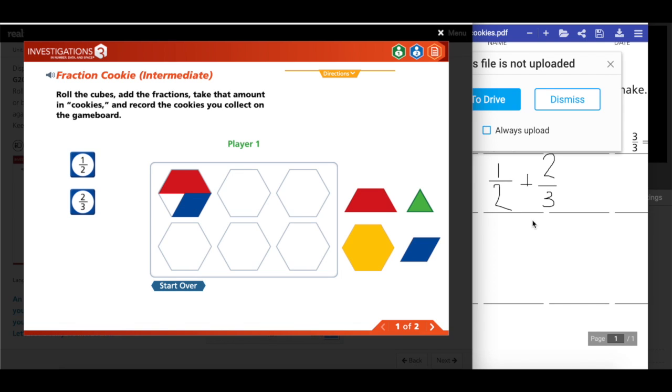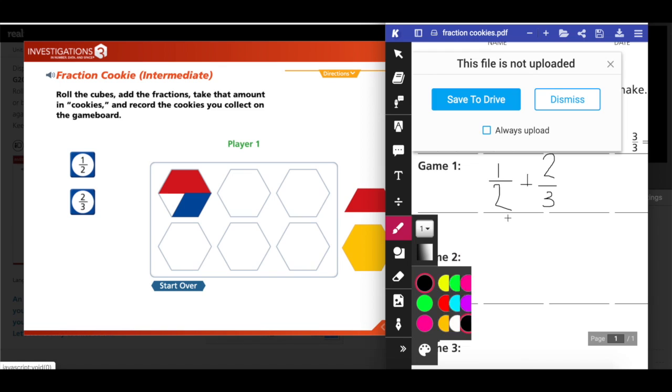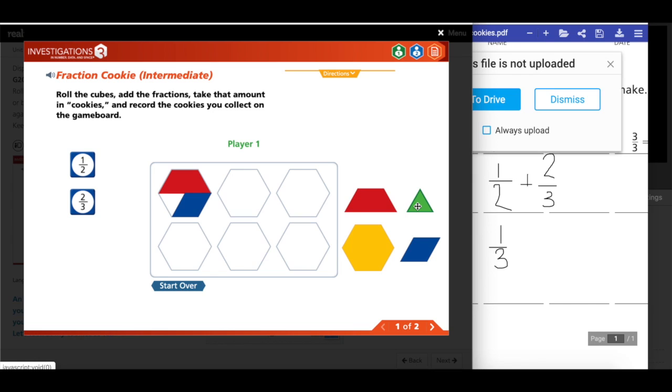How can I put my last 1/3 in here? So I know that I can put one triangle here and another triangle over here.